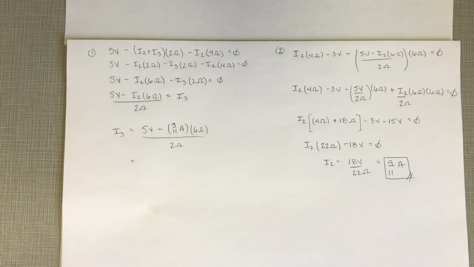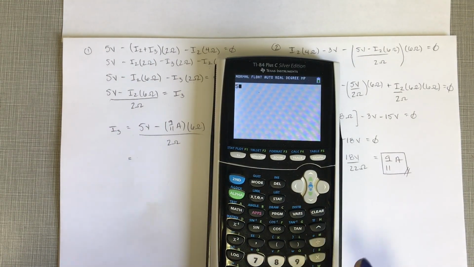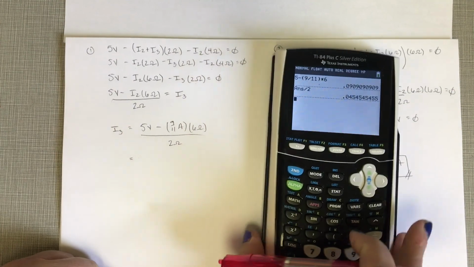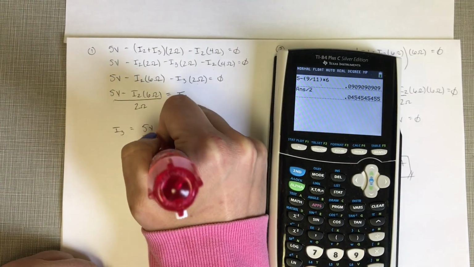I'm just going to stuff that into a calculator because I don't want to do that with fractions. So I have 5 minus 9 over 11 times 6 divided by 2. So that's 0.045 amps.